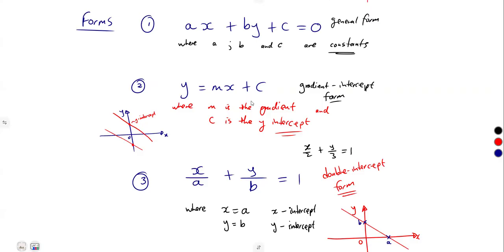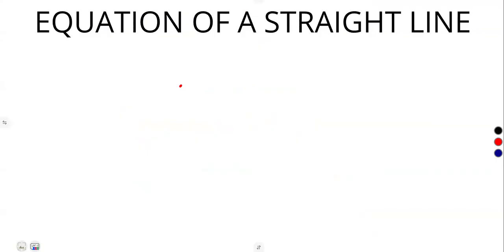But in most cases, we are going to focus on the gradient intercept form, y is equal to mx plus c. Unless you're told otherwise, then you can represent your equation in any one form that you want. The general form ax plus by is equal to c, or can be written in that manner, like I said. So let us see.